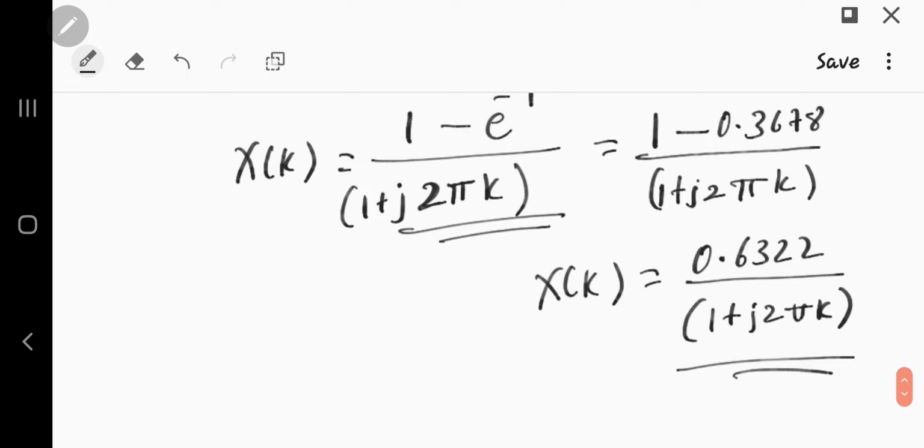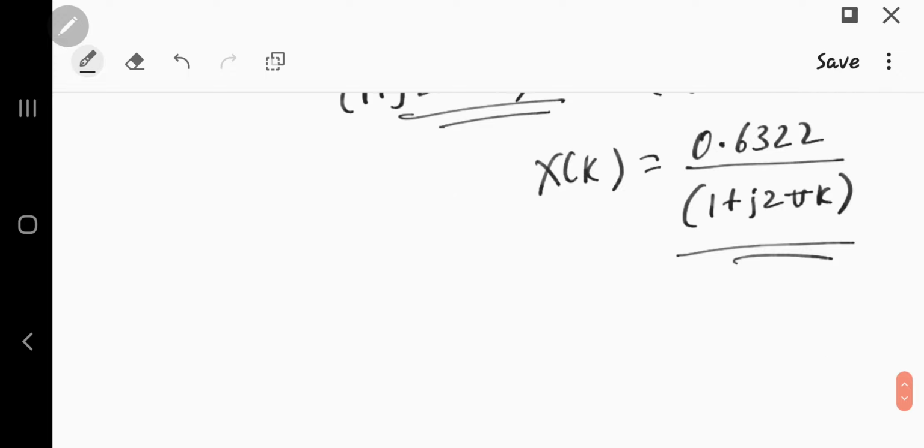Now for this you have to draw the magnitude and phase of the signal. Since it's a periodic signal, in the previous case we had only 3 or 4 values. Here we have to draw the signal for every one duration. So let's take 2 to 3 divisions on the positive axis and another 2 to 3 divisions on the negative axis, just to know how the signal will look.